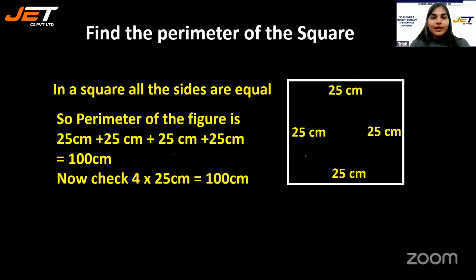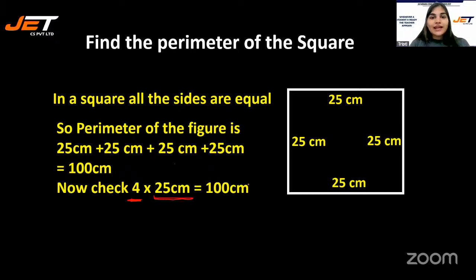Also, there is another way, because there are four sides of a square. In a square we have four sides and one side is 25 centimeters. So it is 4 times 25, which is equal to 100 centimeters.